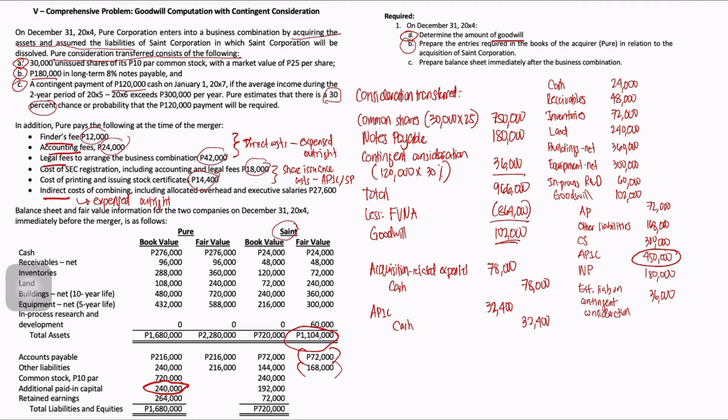If there had been insufficient APIC, then the remainder of the share issuance costs would have been charged to retained earnings. To record indirect costs, we debit acquisition-related expenses and credit cash for $27,600.